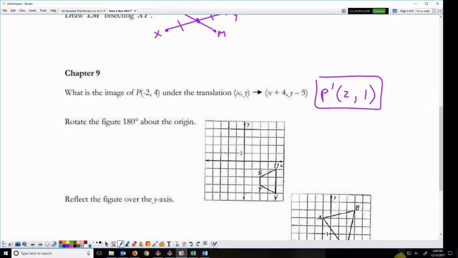The next one on the exam, you may use patty paper, some kind of tracing paper, and it's going to be kind of hard to see on here, but you're going to trace STUV onto your paper, and then you're going to rotate it around the origin. So you have to trace it and trace that origin.